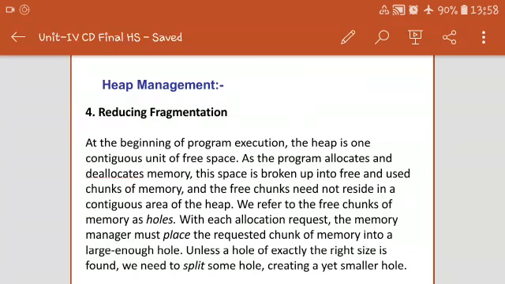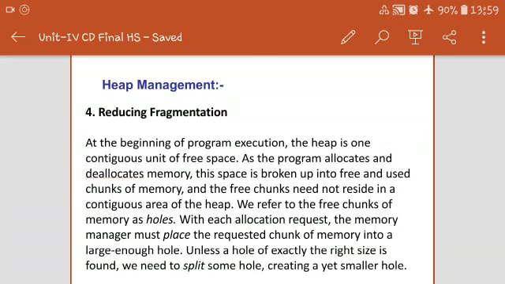So fragmentation. Okay, let's take an example. This is the synchronization between the compiler and the operating system, what is to be allocated and what is to be deallocated according to the programmer's code. But whenever deallocation is performed, small chunks are freed up in between the space.